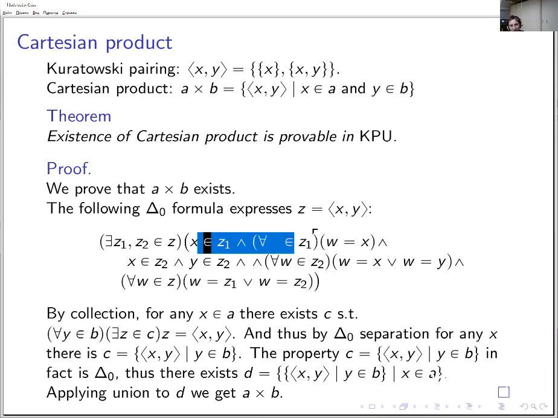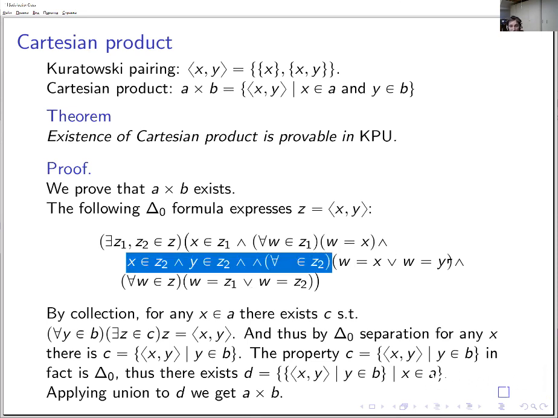We write down that Z1 is a singleton of x, done in this delta zero fashion: x should be an element of Z1, and all elements of Z1 should be x.